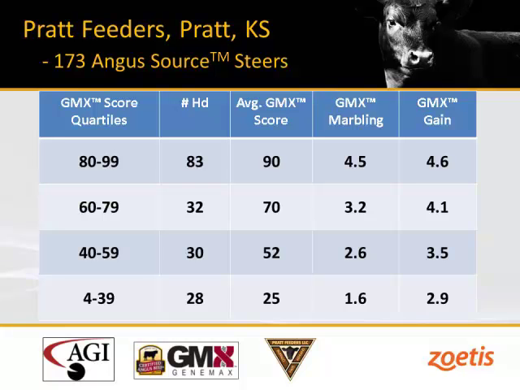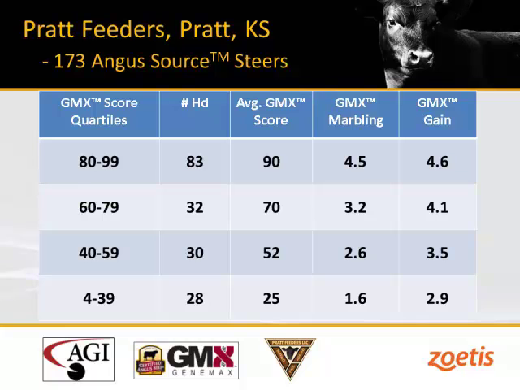And this just denotes the number of head in each of these GENEMAX score quartiles. So those that were from 80 to 99 on combined genetic merit for gain and grade, there were 83 of them. Their overall average score was 90. They were very high marbling, 4.5 out of 5, and also very high gain. And then you can see these other quartiles and the numbers of heads in each of those groups.